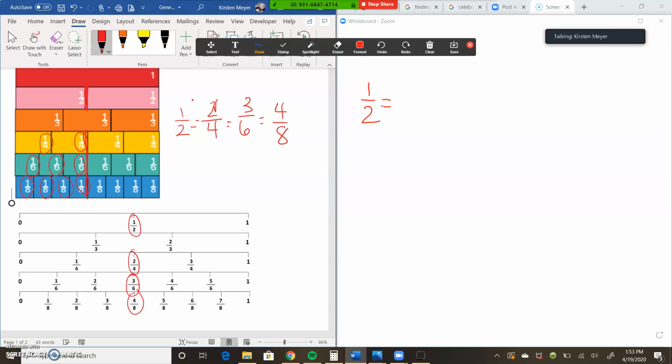But what if we didn't have that number line or those models right there? We learned we could do the work ourselves. We could very easily draw a model of 1/2.